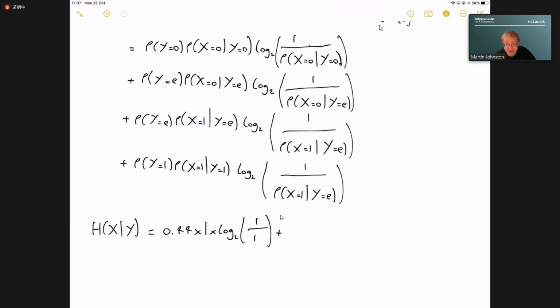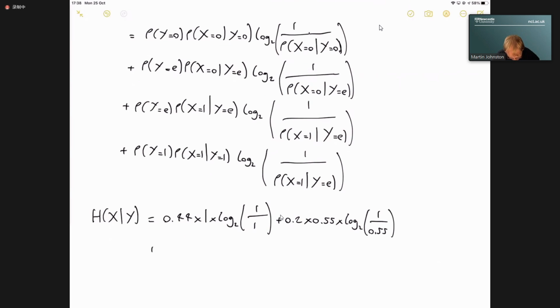Next term, probability of an erasure is 0.2 times probability x equals 0 given y equals e, which was 0.55, times log to base 2 of 1 over 0.55. And again, probability of an erasure times probability of x equals 1 given y equals e, which was 0.45, times log to base 2 of 1 over 0.45.